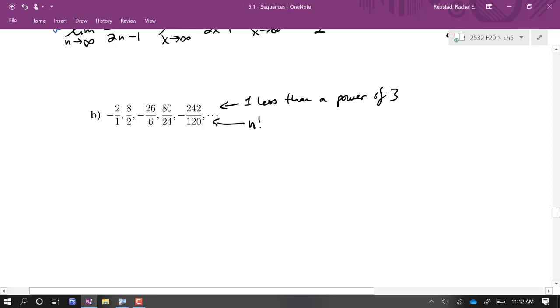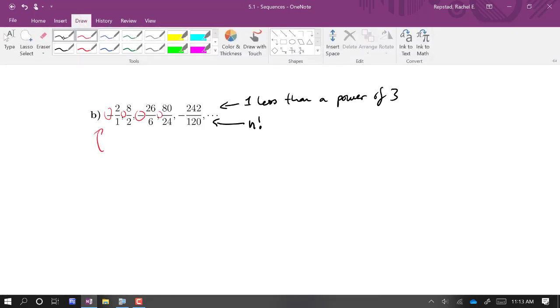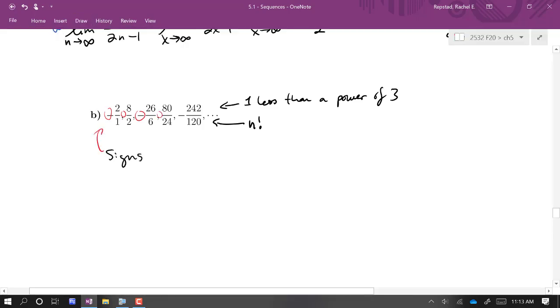So this is n factorial. Also notice that the signs alternate. And that means that there's a factor of either -1 to the n or -1 to the n plus 1.